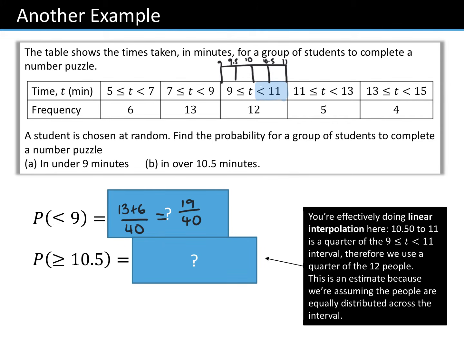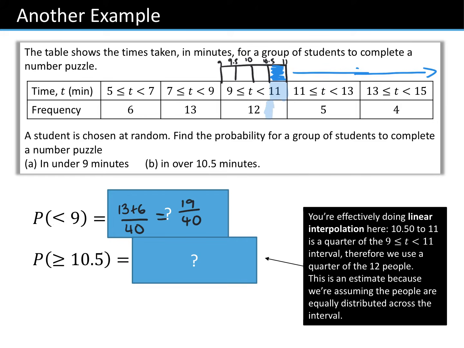So, this doesn't match my actual. It's 3/4. But actually, because we want greater than or equal to, we just want a quarter. Because we just want the 10.5 to 11 part, don't we? We want that, and all of this. What would the frequency be then?